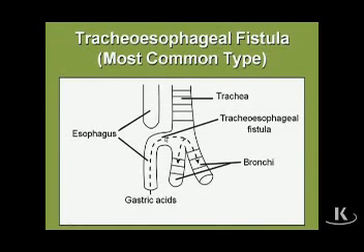So that tracheoesophageal fistula, which is a fairly common defect of the respiratory system, is a result of a failure of the fusion of the right and left tracheoesophageal folds.